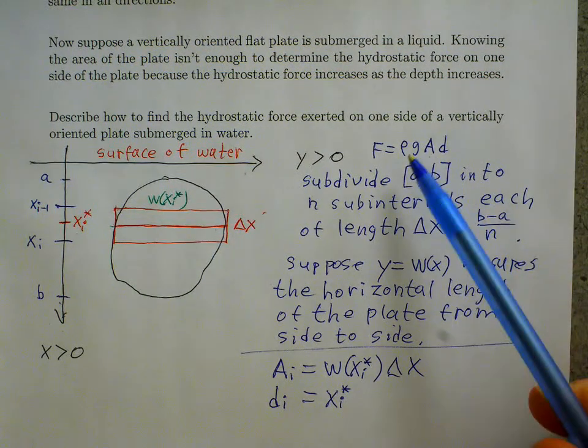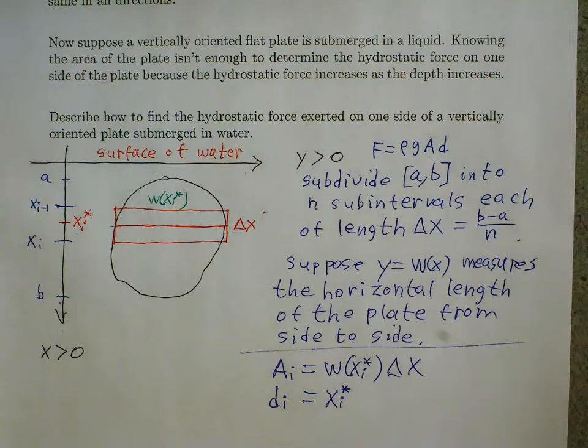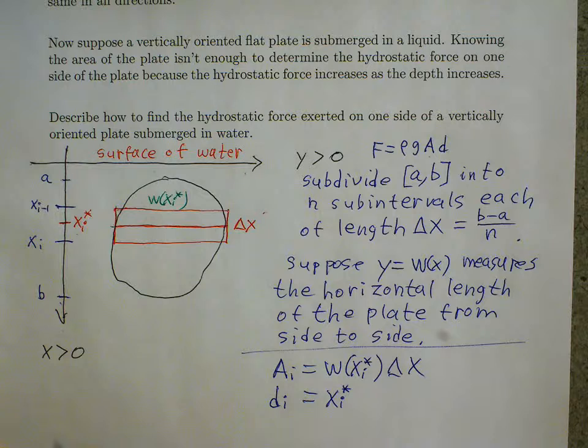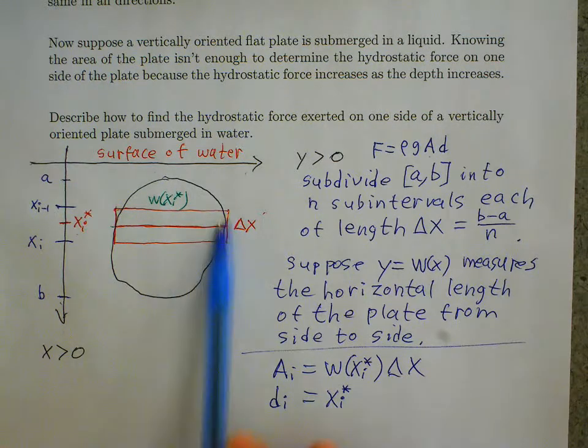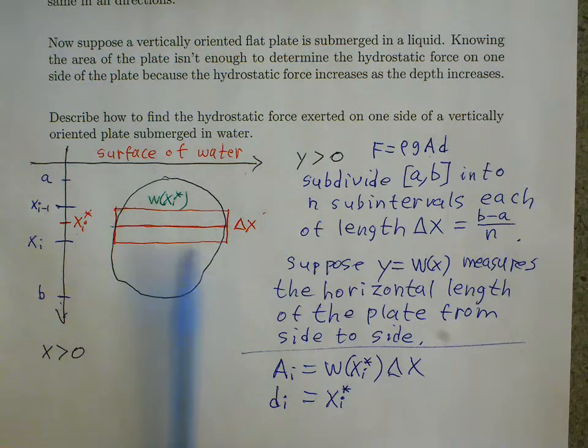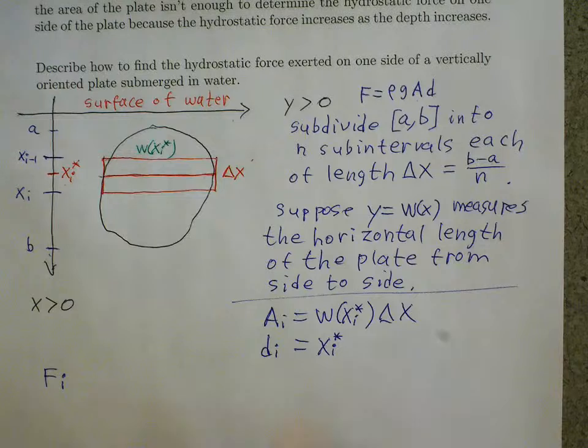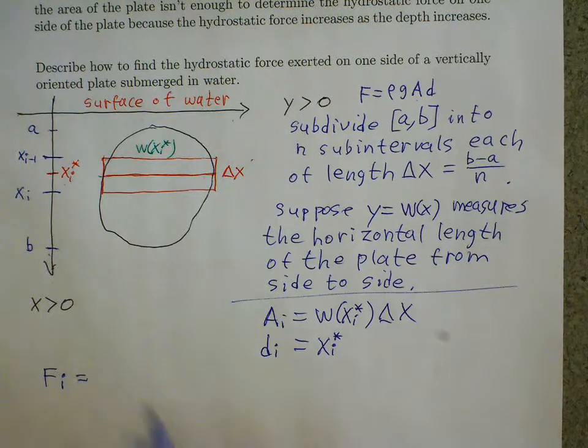And then we're treating rho times g as a constant. And so the hydrostatic force exerted on one side of the plate, which is just that rectangle, I'll refer to that as F sub i, and that's equal to rho times g times A sub i times d sub i.